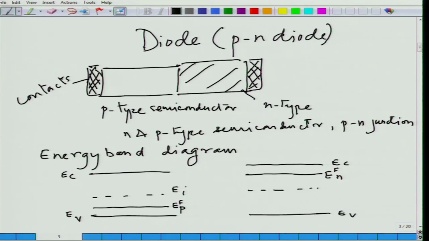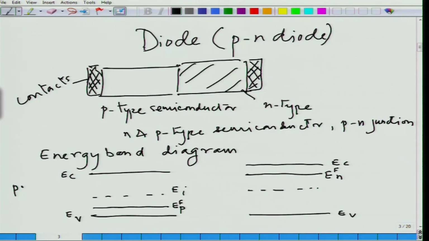First, let us look at the situation about the carriers in these two semiconductors, which we have learned earlier. Assuming in this semiconductor we have number of holes approximately equal to number of acceptors, to keep the mathematics a little bit simple.